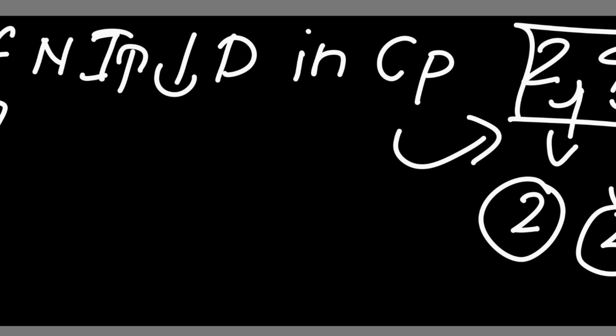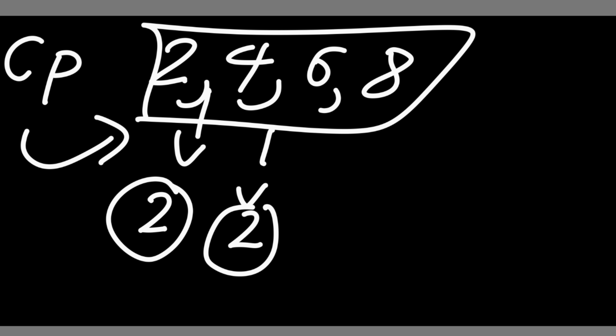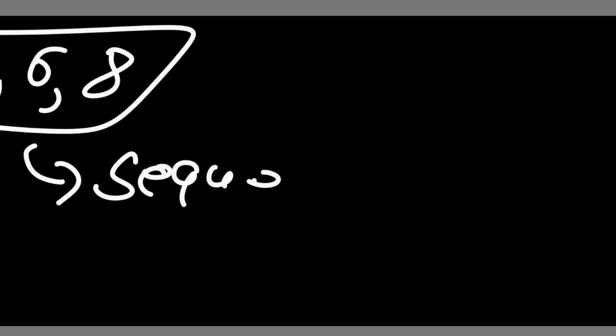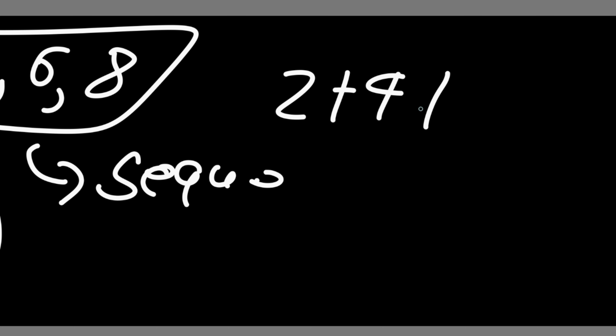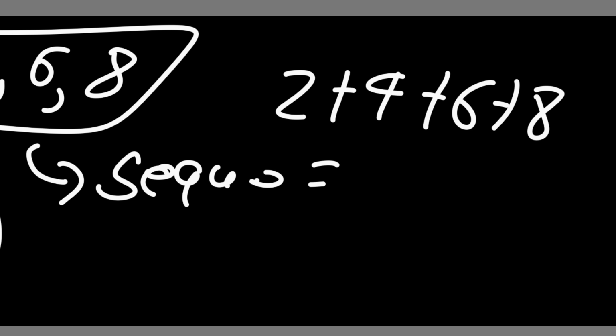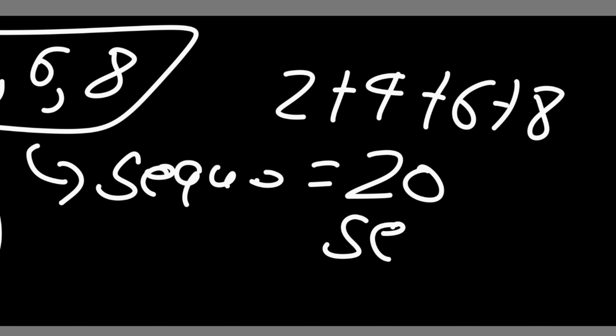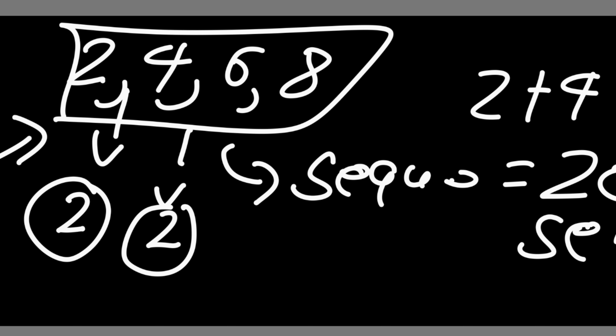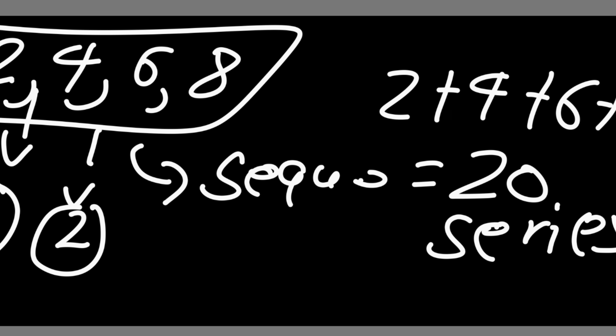So here you see the pattern where the number is increasing by 2. This is called sequence. And the addition of the sequence, which is 2 plus 4 plus 6 plus 8, which gives us 20, is the series. I hope you understand what sequence and series are.